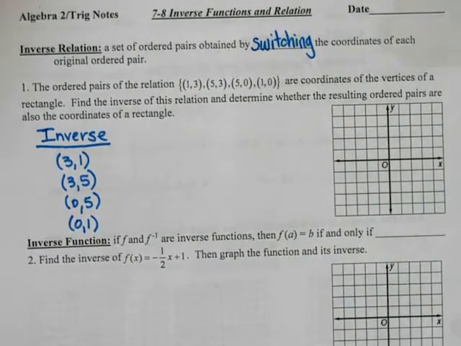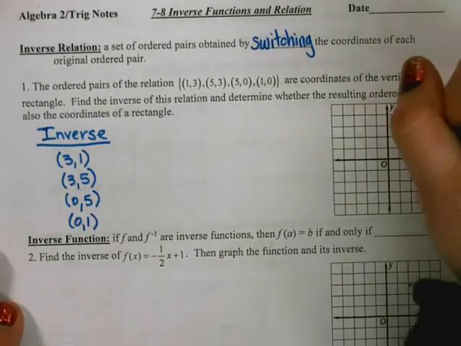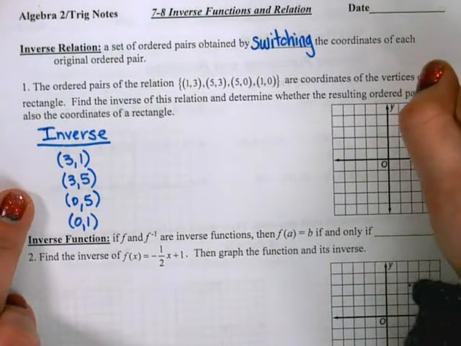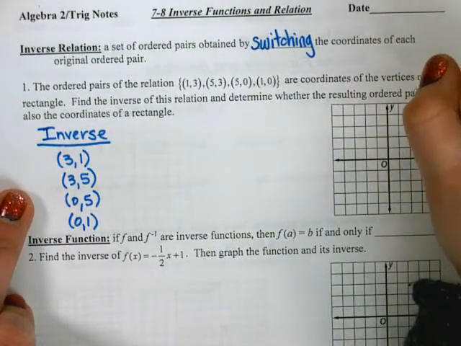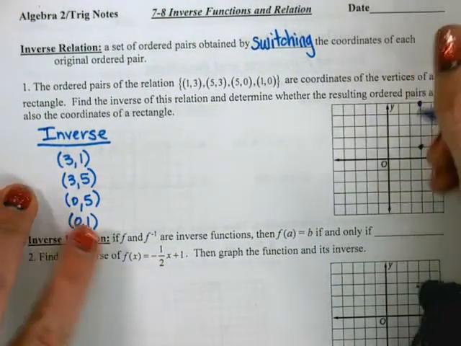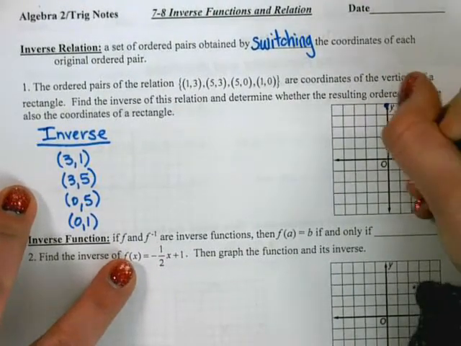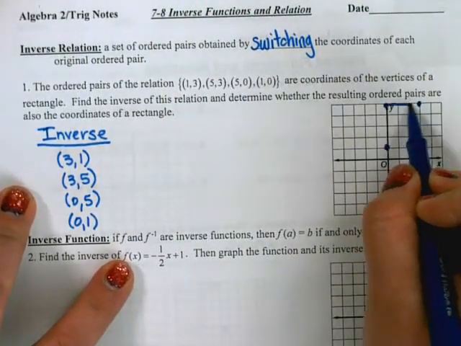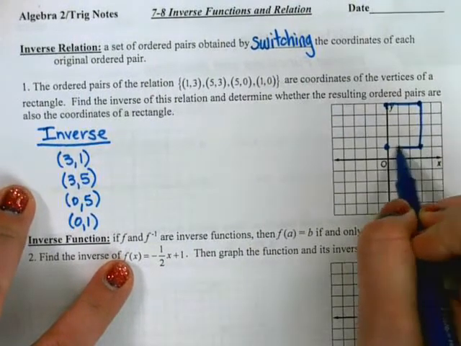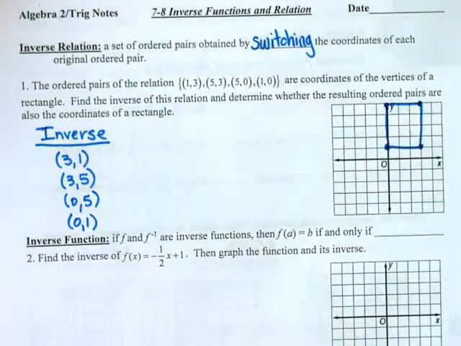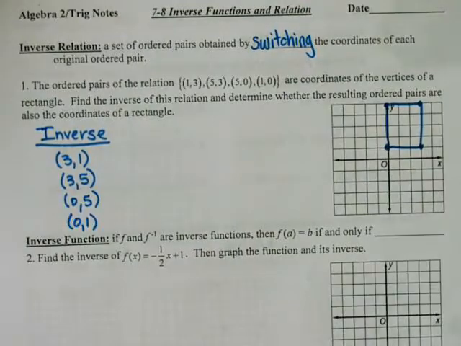Okay, let's graph it. (3, 1), (3, 5), (0, 5), (0, 1). What do you think? Did we get a rectangle? Yep.